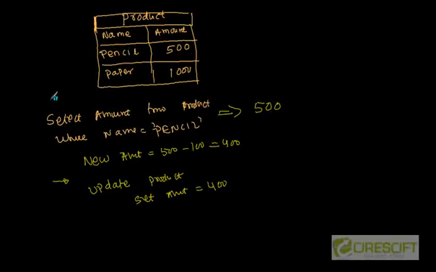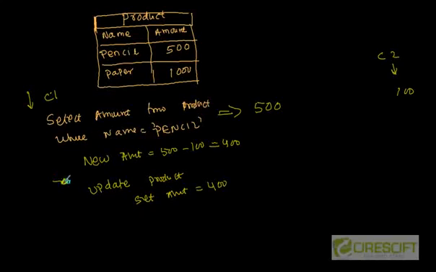Now assume there are two scenarios. While customer C1 comes and asks for 100, another customer C2 might come and ask for pencils too. I have not completed the transaction for C1; I'm about to update right now.